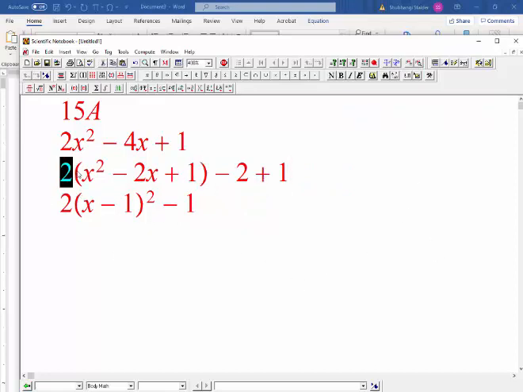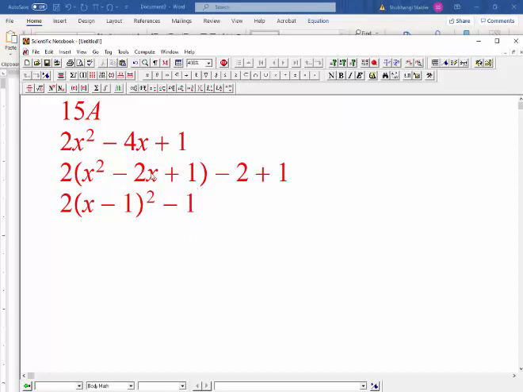I am adding 2 times plus 1. So then I have to compensate for it and subtract the 2 so I don't change the original problem. So the original problem is still what I started with. And then this inside here is a perfect square, x minus 1 squared. And then the negative 2 plus 1 gave me the negative 1.